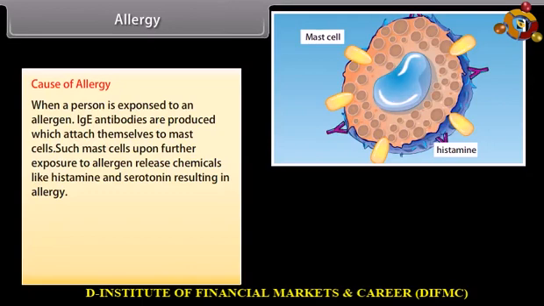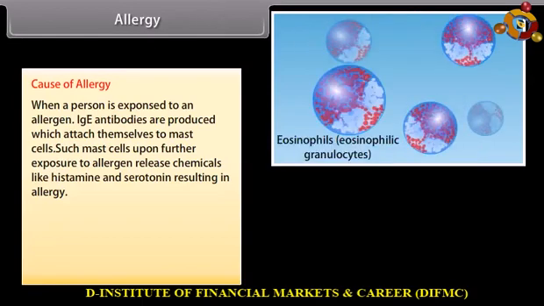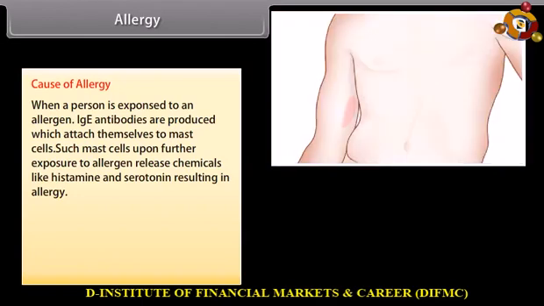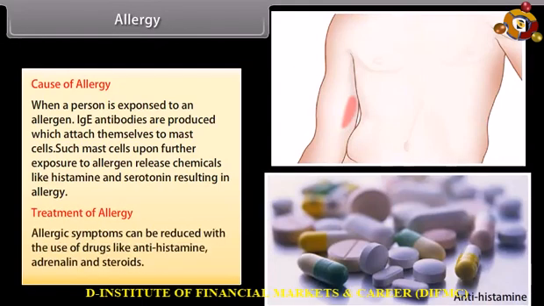Such mast cells, upon further exposure to allergen, release chemicals like histamine and serotonin, resulting in allergy. Treatment of allergy: allergic symptoms can be reduced with the use of drugs like antihistamine, adrenaline, and steroids.